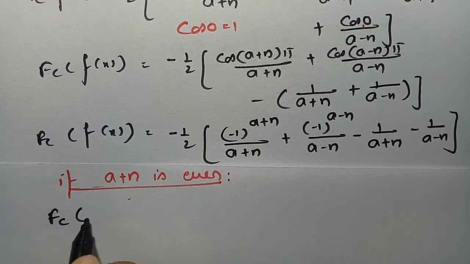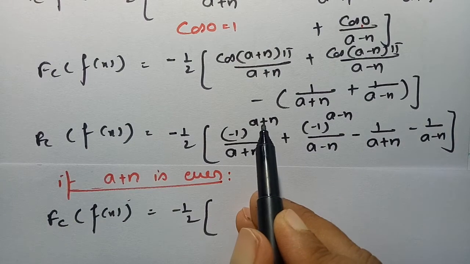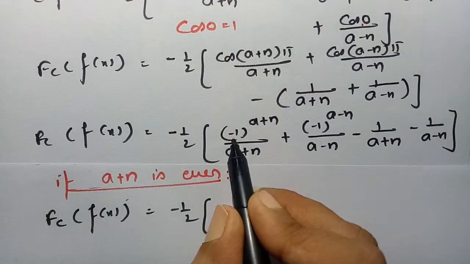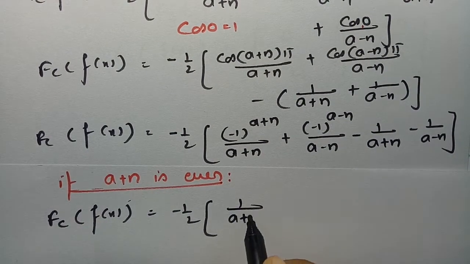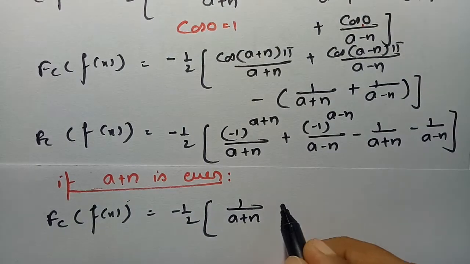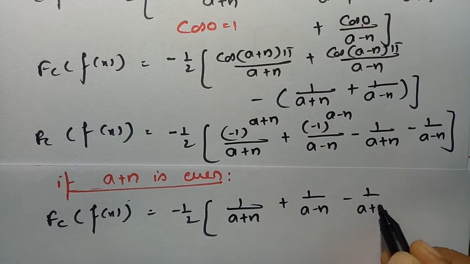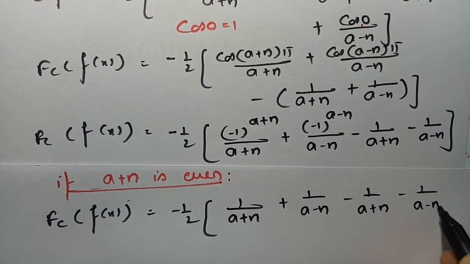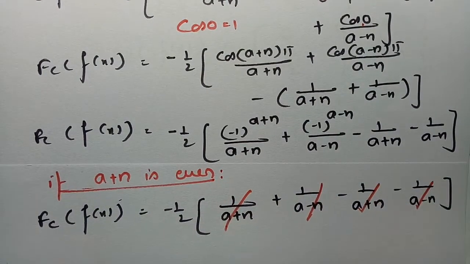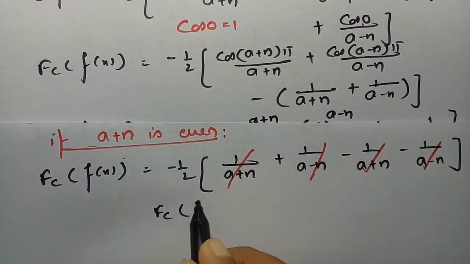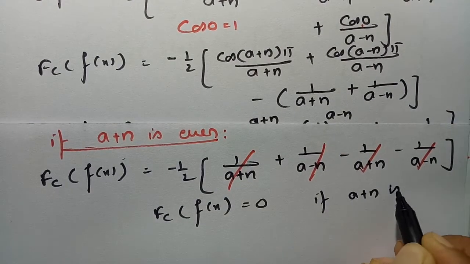Then the Fourier cosine transformation of the function f of x is equal to minus half times of 1 by (a plus n), and here also minus 1 into minus 1, so this is also plus 1 by (a minus n), minus 1 by (a plus n) minus 1 by (a minus n). So I can easily cancel this. So the answer is 0. Then the Fourier transformation of the function f of x is 0 if a plus n is an even value.